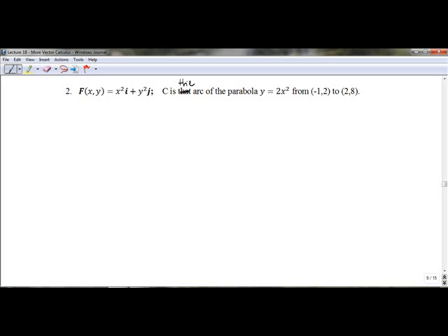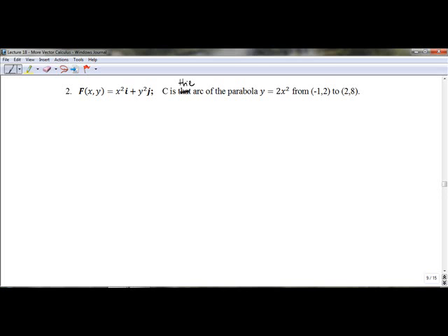So now, let's show that this vector field is conservative, and let's find the potential function. Three steps. Show it's conservative. Find the potential function. And finally, evaluate the potential function at the points. Let's go. Conservative.